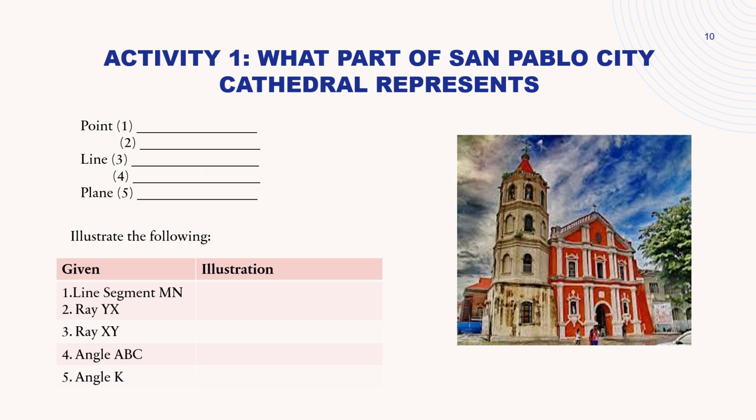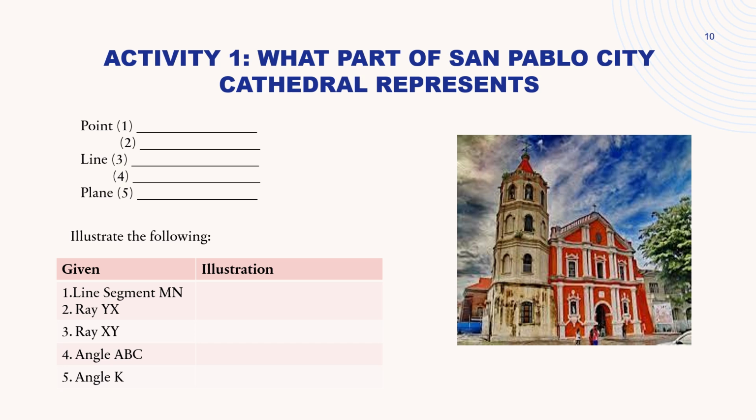Alright, so let's have some activity. What part of San Pablo City can this really represent? If you are looking at this, try to look at the angle. Write all the points that you see as part of this cathedral that has points, lines, and planes. And then on the next example, you need to illustrate line segment MN.